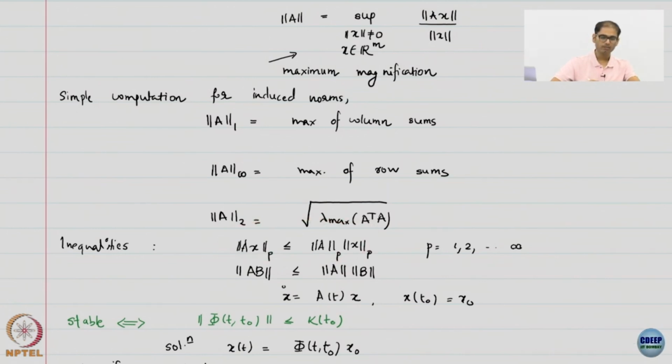Did I say this correctly? I said it the other way around. Sorry. From here you have norm of A is always greater than or equal to norm Ax divided by norm x, just by virtue of the fact that I took a supremum here. Sorry, I said it the other way around. So it's just the induced norm inequality, and this is the Cauchy-Schwarz like inequality that we sort of proved for general vector spaces last time.